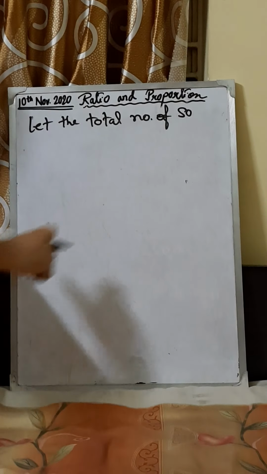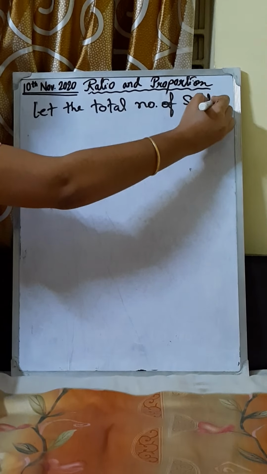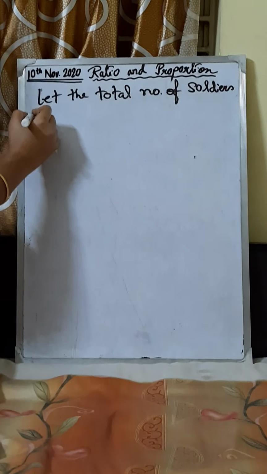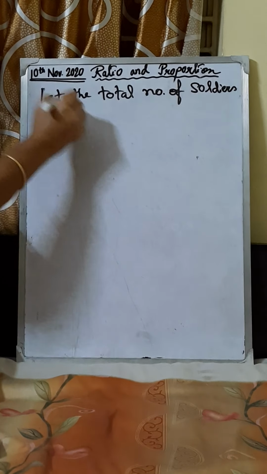So, let the total number of soldiers be X. In one division, the number of soldiers is given, but you don't know the total number of soldiers.